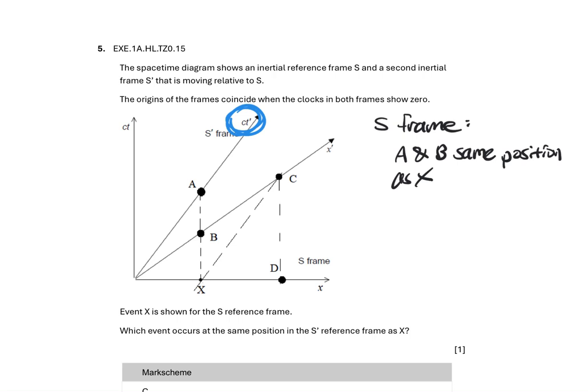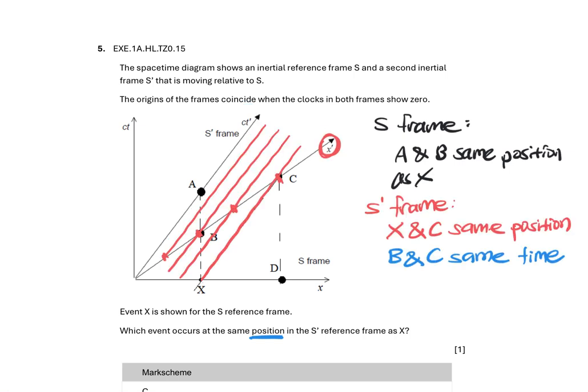And so if we were looking at time events in the S prime frame, we would draw lines parallel to the X prime axis to see where it intercepts the CT prime axis. And so everything that's on these lines would happen at the same time, would be simultaneous according to the S prime frame. But it's not asking about the same time, it's asking about the same position.